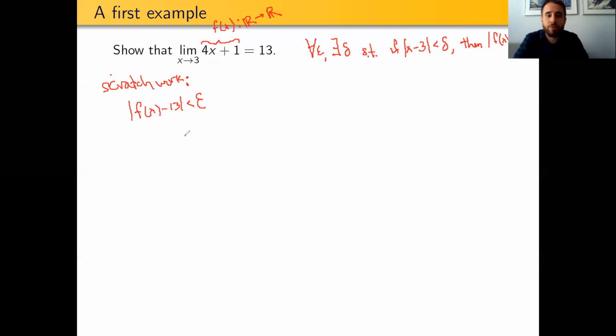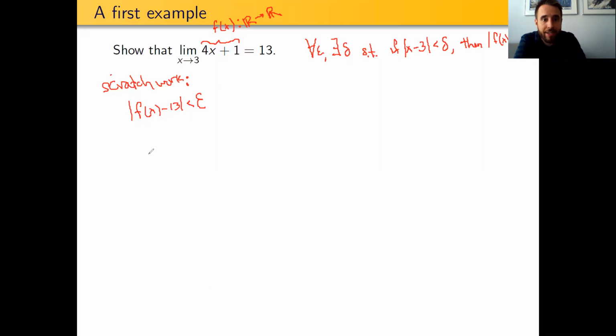And so I want to try to manipulate that expression and try to make it look like it is in the form of this expression, x minus 3 less than delta. So in my scratch work, I'm going to try to find a connection between this expression and this expression in the hopes that it will illuminate how I might choose my delta. All right, so let's give this a try.